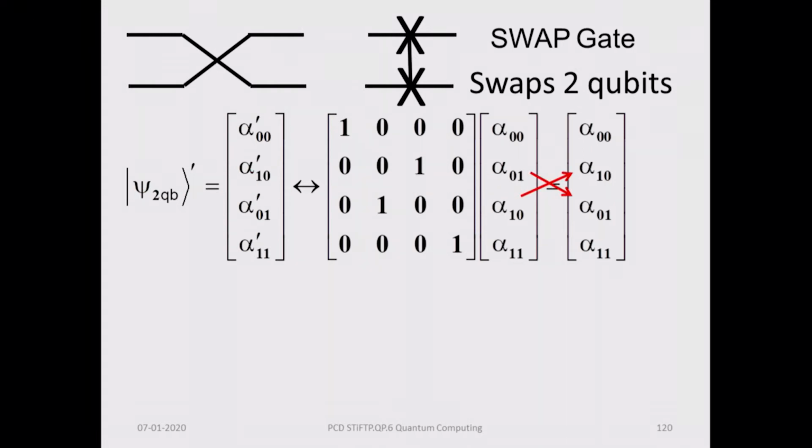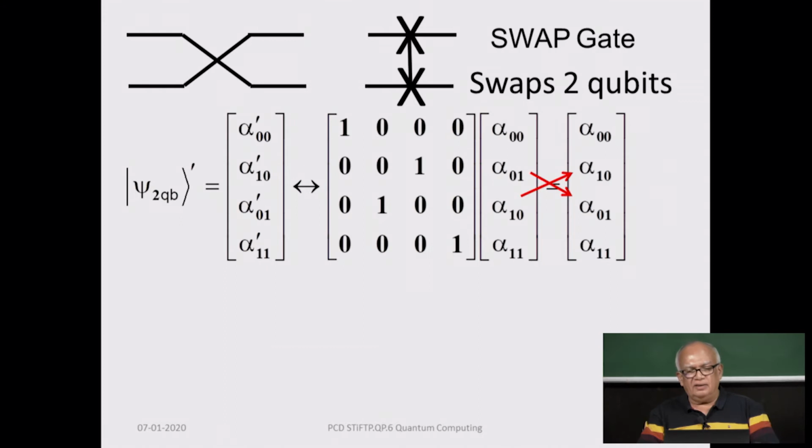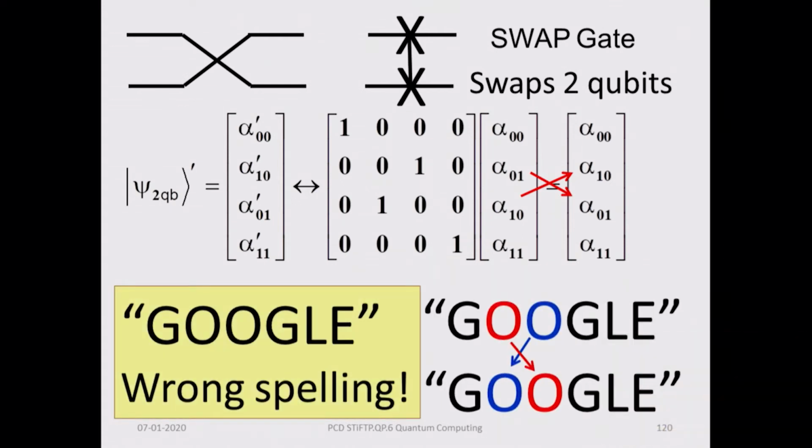So, you notice that the 0 1 positions and the 1 0 positions are swapped, okay, and this 2 qubit gate is represented by the symbol which appears at the top of the slide, and it is not a trivial swapping like claiming that Google is spelled wrongly with 2 O's, which is incorrect because the first O should actually be in the second position and vice versa. All right. So, the swap gate has real impact.